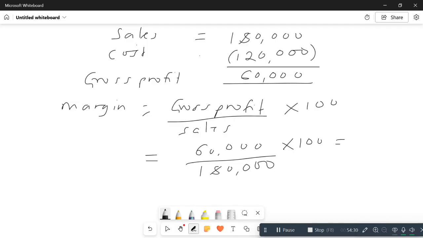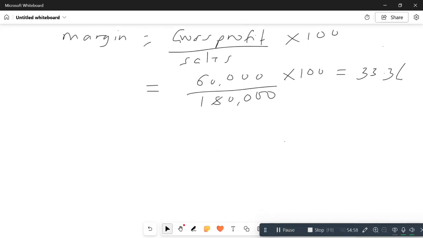Remember, margin is the percentage of gross profit to sales. So it gives us 33.3%, which means the percentage profit on any sale made is 33.3%. Our interest is to determine the unrealized profit.